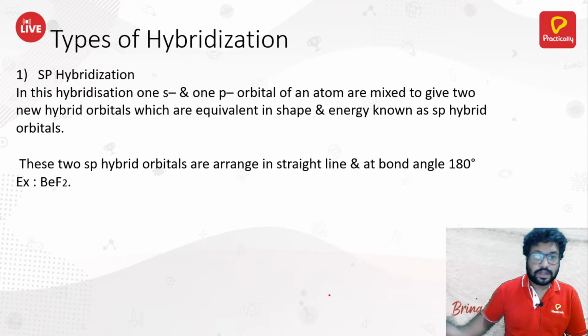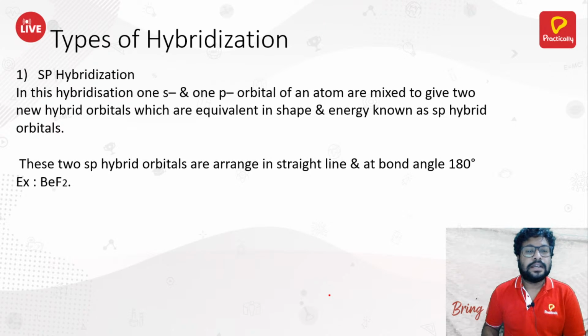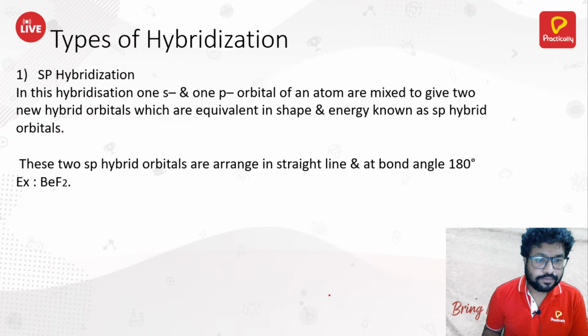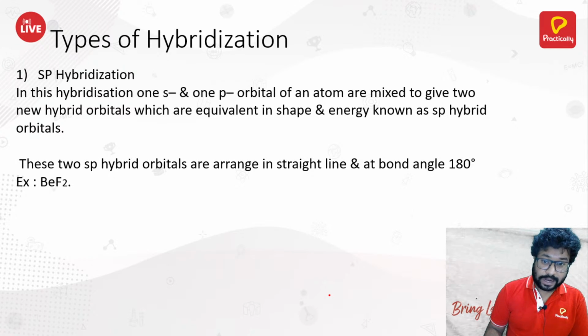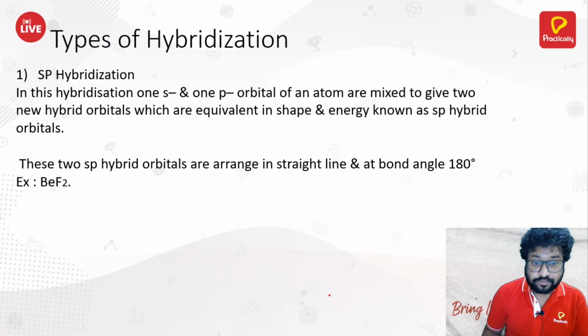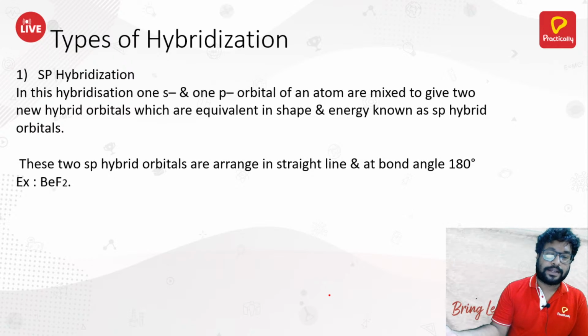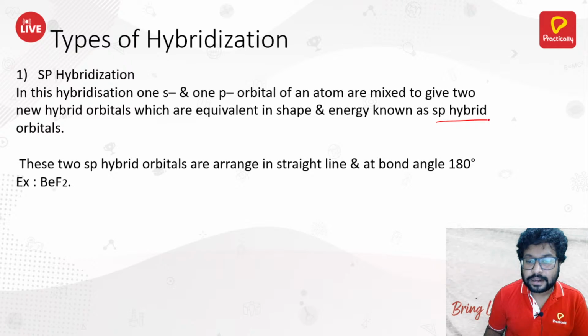Okay, let's see the types of hybridization. The very first, sp hybridization. In this hybridization, one s and one p orbital of an atom are mixed to give two new hybrid orbitals, which are equivalent in shape and energy, known as sp hybrid orbitals. And we had seen that in BeF2.